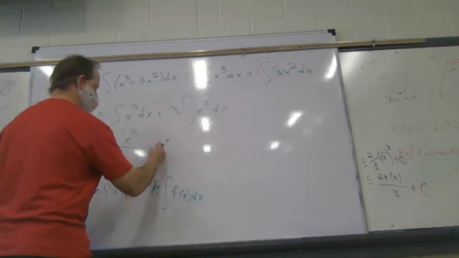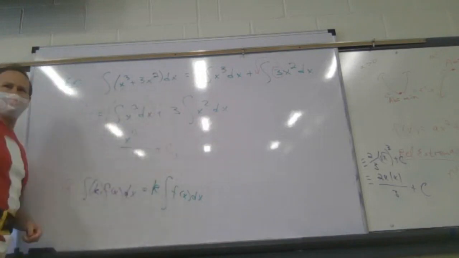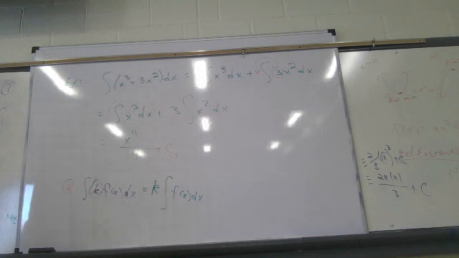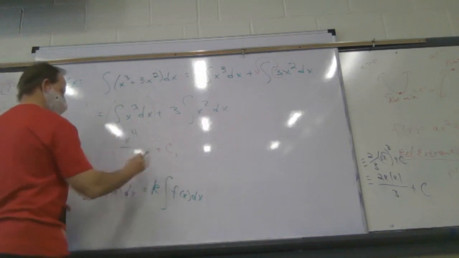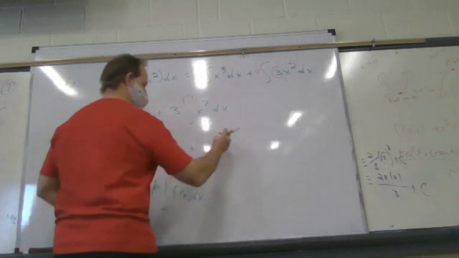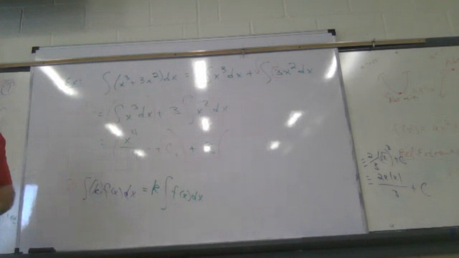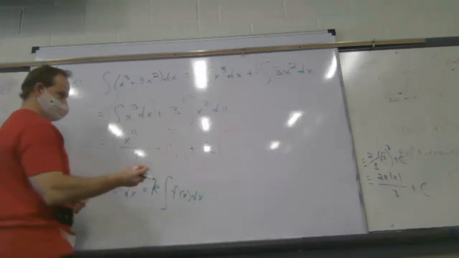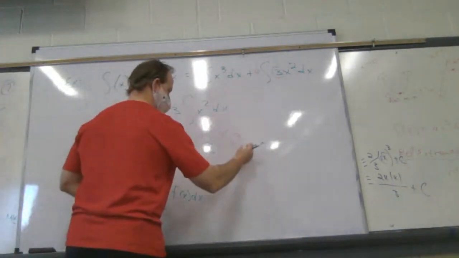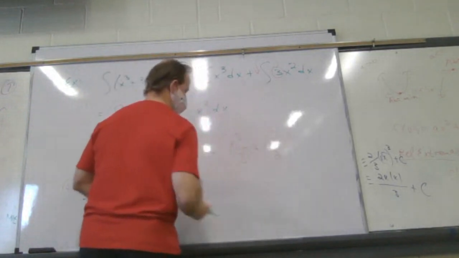I'm going to put plus C1, because the reality is that one would be plus a constant, right, for a family? So anyway, that's this one. And then plus 3 times, okay, well, what I get here, the antiderivative of x squared would be what? X cubed over 3, and then plus C2, right?